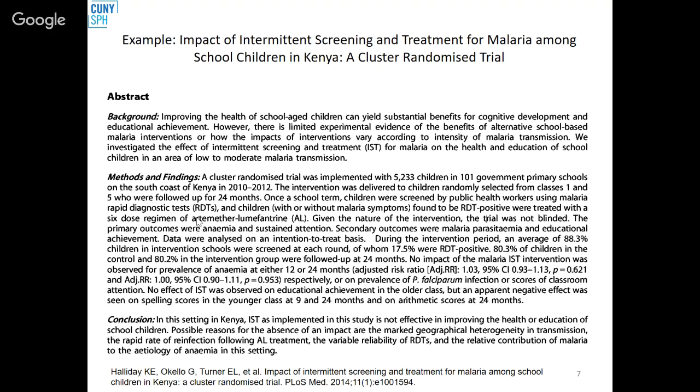Yes? So when we're doing this, we don't have to use the double negative? You don't have to use the double negative? Yeah, like failed to reject the null hypothesis. We'll talk about how to discuss the conclusion. So I don't know, what did they say here again? It is not effective in improving the health or education of school children.